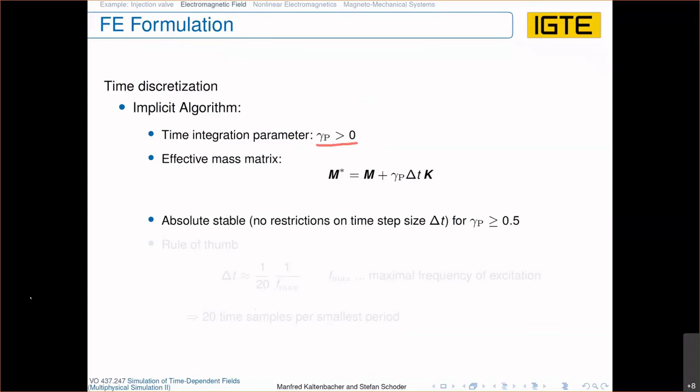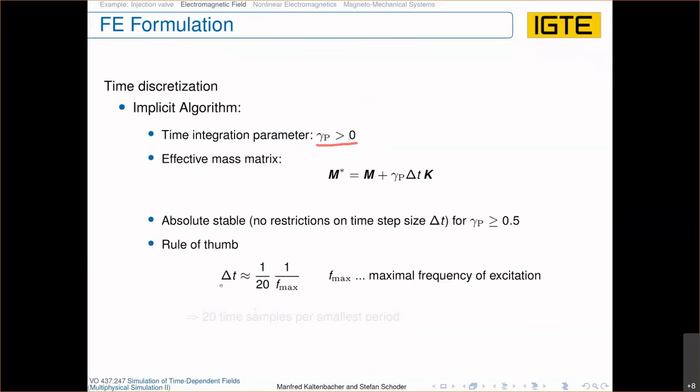The rule of thumb is the standard rule for all partial differential equations. You look at your excitation. In our case, it's the current density, which could be any function of time. You compute the maximum frequency within your excitation and take about 20 time samples per smallest time period defined by the maximum frequency.